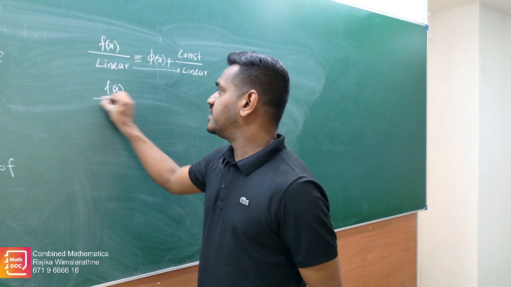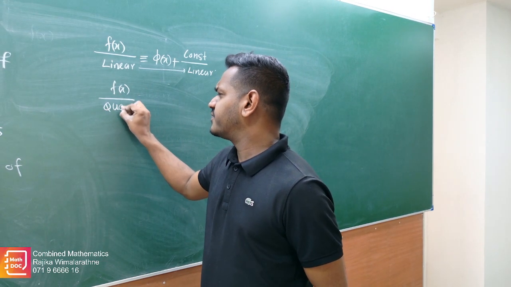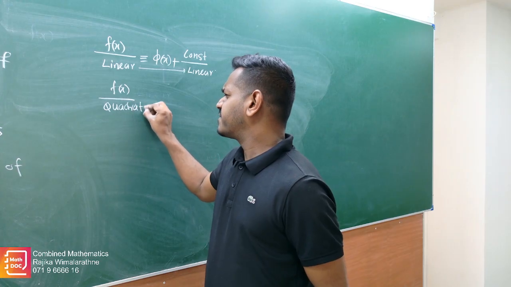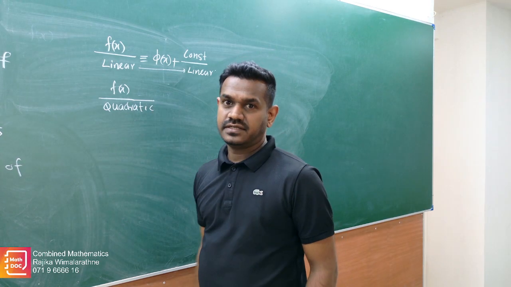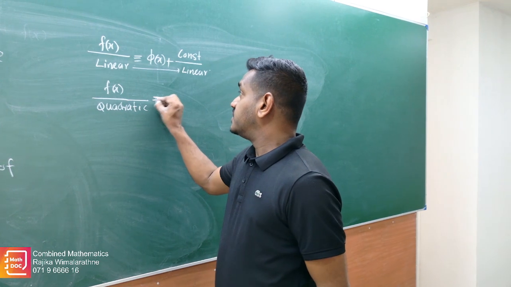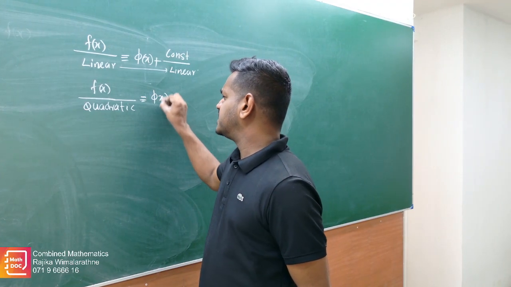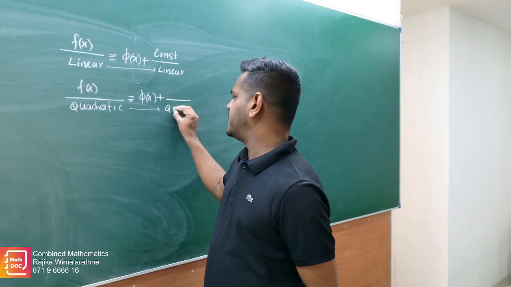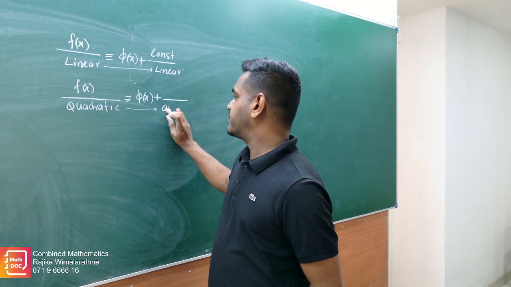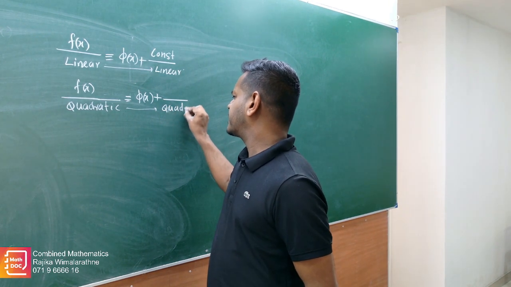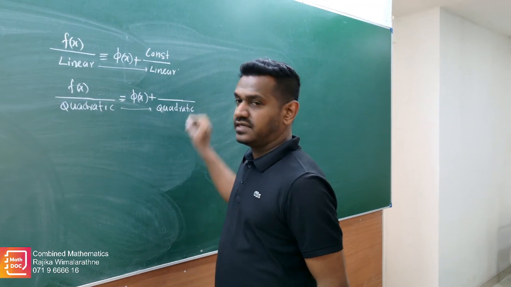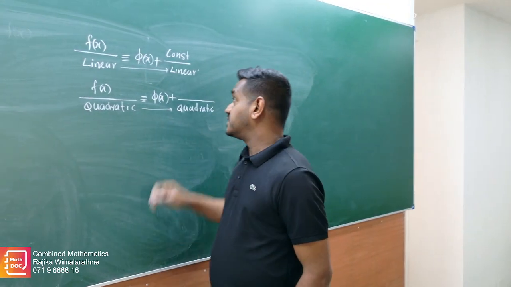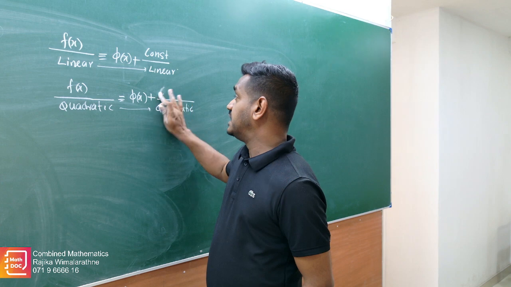When f(x) is divided by a quadratic factor, this will be the quotient with the same quadratic denominator, and remember the remainder will be linear.